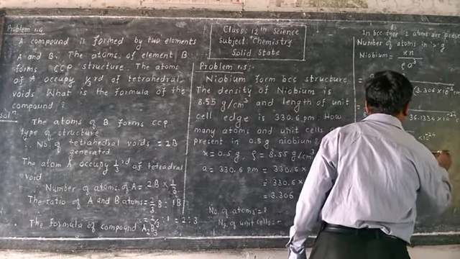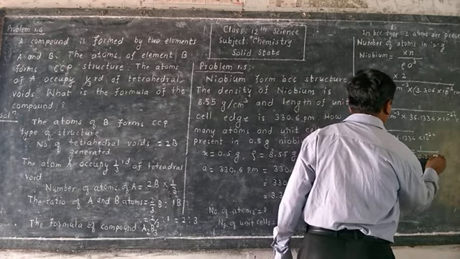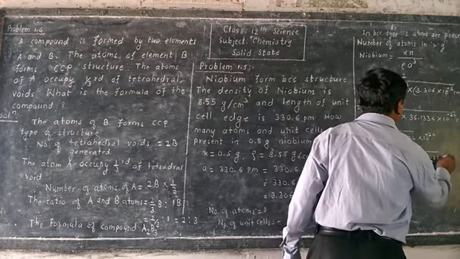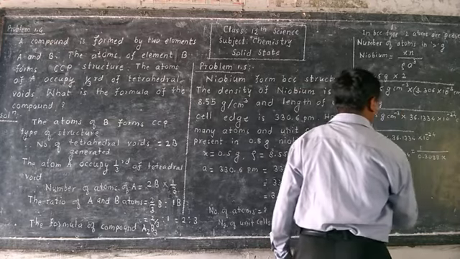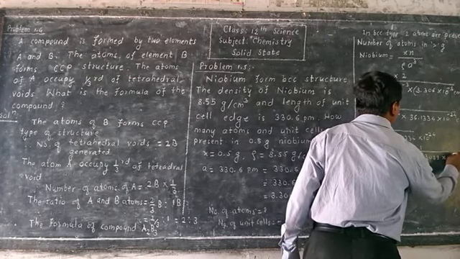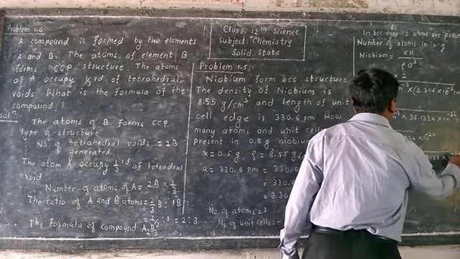So here 1 upon 0.3089 into 10 raised to power minus 21.